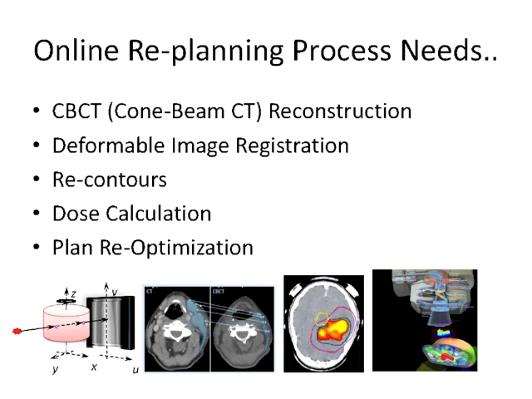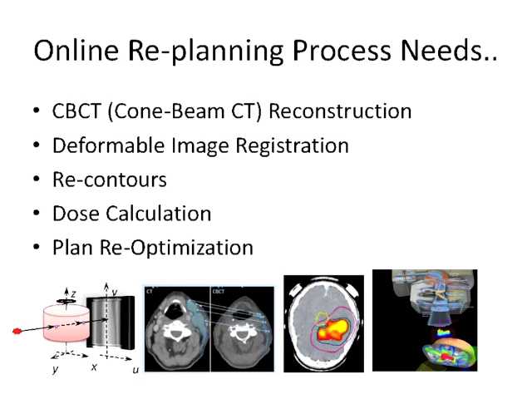Now let's look at some of the tools that are involved in this replanning process. The replanning process is the one inside the feedback loop, when the patient is now on the bed. We have to use all these tools to make the treatment more feedback-driven.